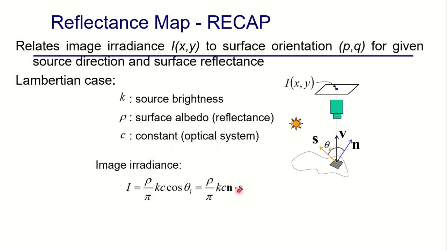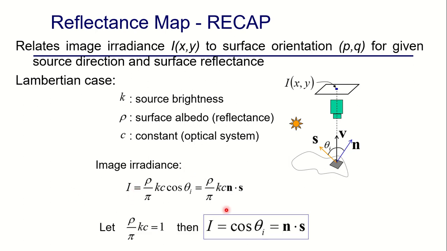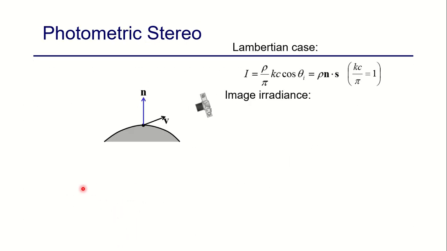So this is the equation of the image irradiance: I equals rho by pi K C cos theta I, which is rho by pi K C n dot s. So n dot s is the dot product of the surface normal vector n and the source vector s. This is the final equation for the image irradiance.